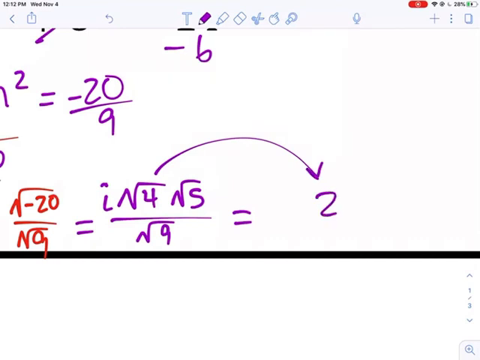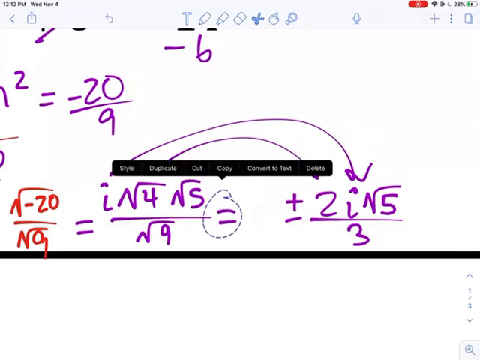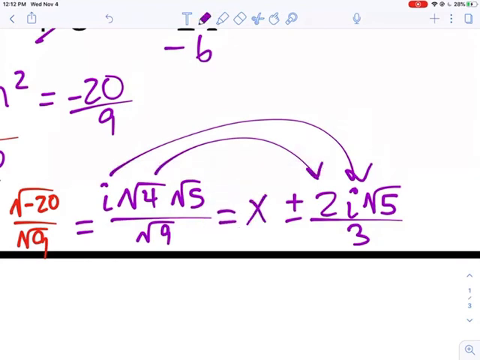Square root of 4 turns into a 2. The i then comes after the 2. And then the square root of 5 just tacks on at the end. All over the square root of 9 is 3. And then don't forget, because we took the square root of both sides, we have a positive and a negative.